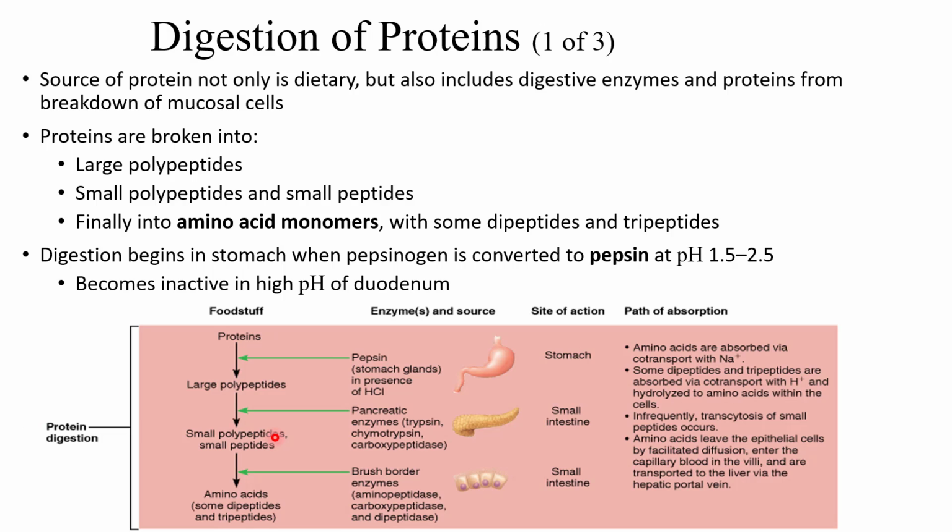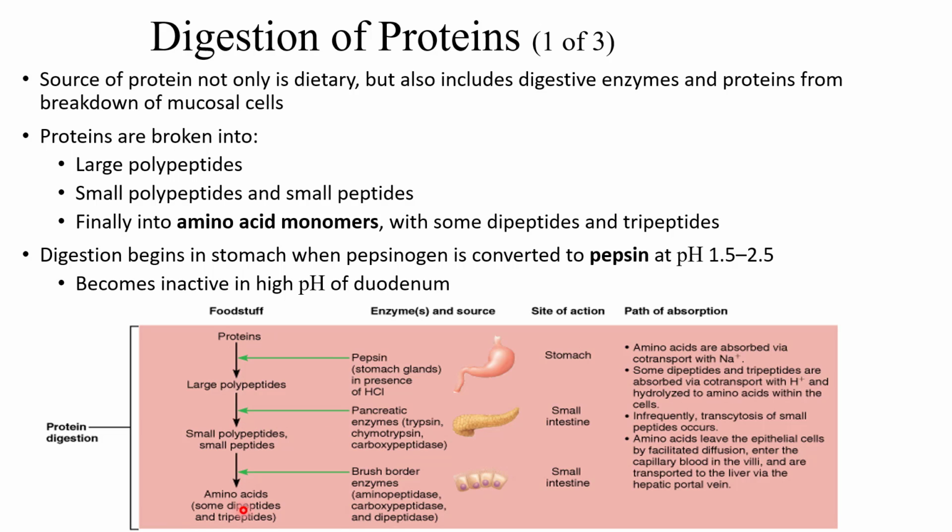So right here it starts in the stomach, where pepsin is going to be produced from pepsinogen in the presence of HCl. It breaks down the proteins into large polypeptides. And then once it reaches the pancreas, all of those undigested proteins will be acted upon by pancreatic enzymes, such as trypsin, chymotrypsin, and carboxypeptidases.